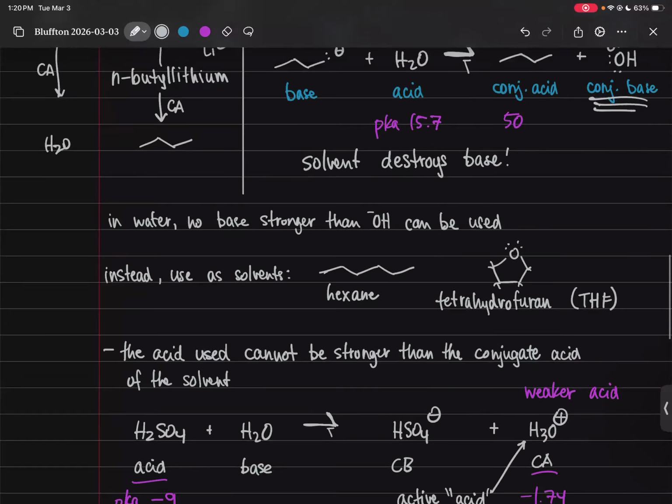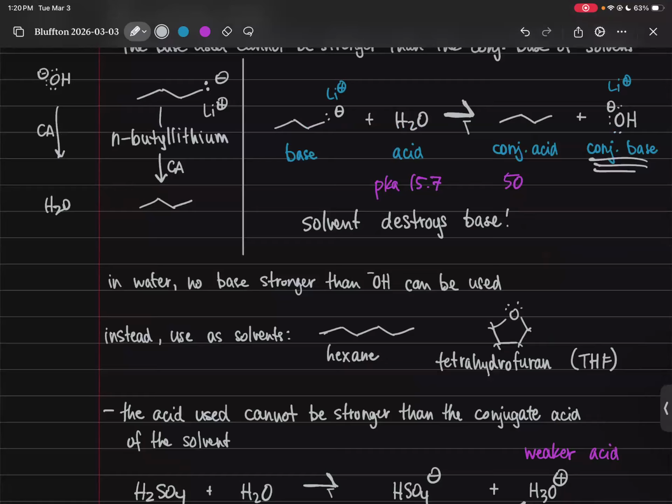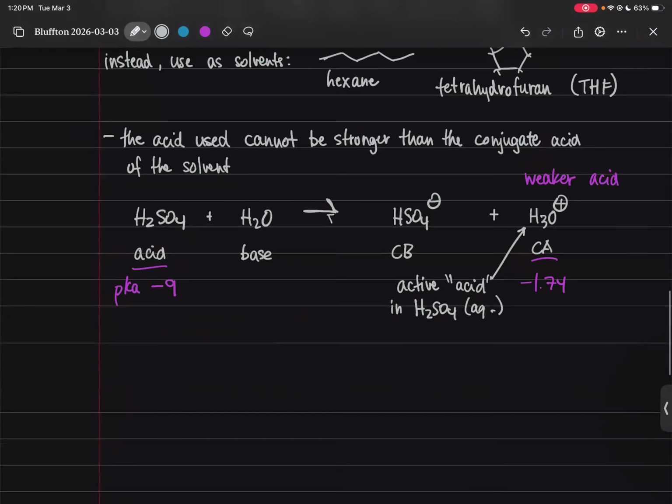So, of course, this is a very different example, but if you're comparing one acid-base pair and another, and you're trying to figure out what molecules sulfuric acid can protonate, if it's diluted with water, you're only going to be able to protonate bases whose conjugate acids have a pKa down to -1.74, not all the way down to -9. If you want to do that, then you need concentrated sulfuric acid with no water.